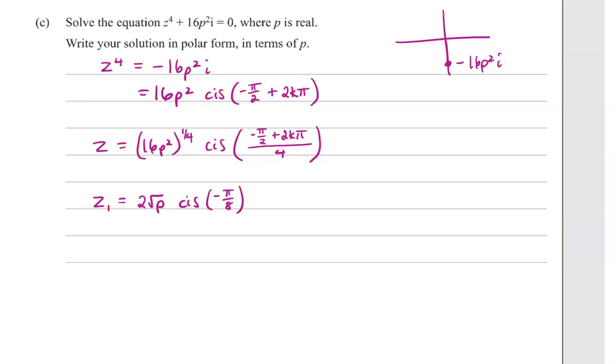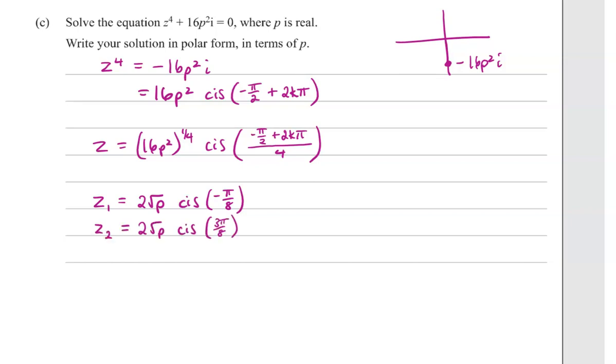So the k on our first solution will just be 0, so the counter being 0. That gives us minus pi by 2 divided by 4, which gives us minus pi by 8 as the first solution.